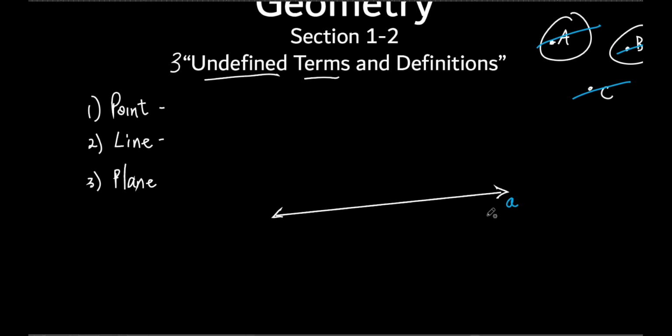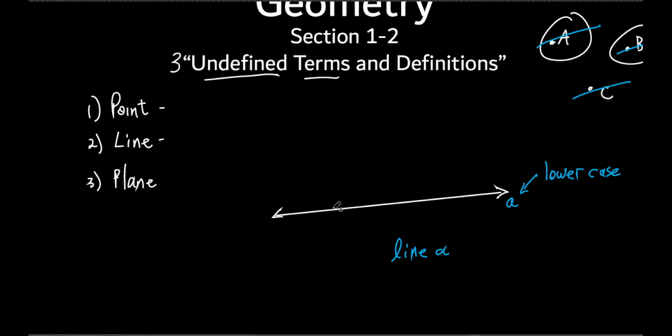All right, so we could use a lowercase letter, and we could call that what? How would I say it? I would just say line A, right? It's not a capital A, but we would say line A. You'll see that quite often.